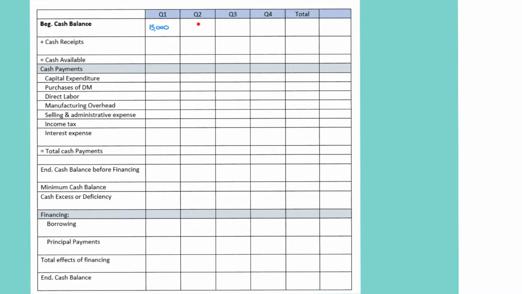It's gonna be beginning for quarter 2, and same for quarter 2. Ending for quarter 2 will be beginning for quarter 3. Ending for quarter 3 will be beginning for quarter 4. Ending for quarter 4 will be beginning for quarter 1, 2020. Okay, so let's start now.